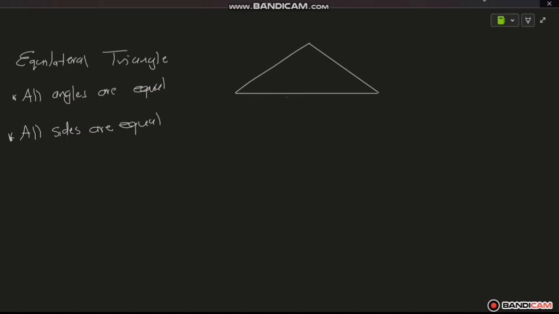Right? Now, what we know is that, let me name our triangle as triangle ABC. Angle A plus angle B plus angle C equals 180. That is the sum of angles in a triangle, meaning when we add A, B, and C, we're going to get 180.